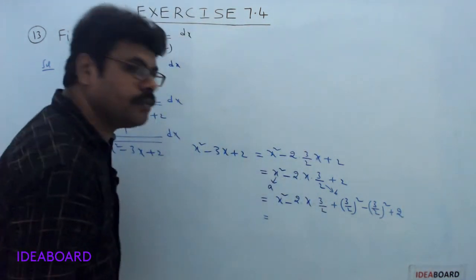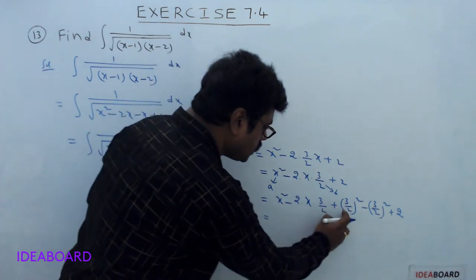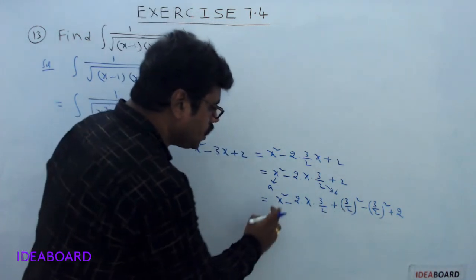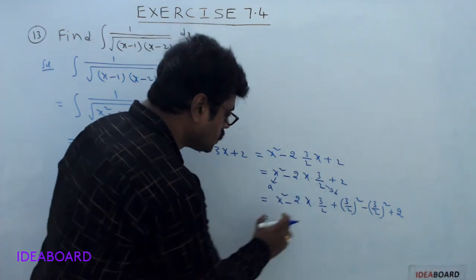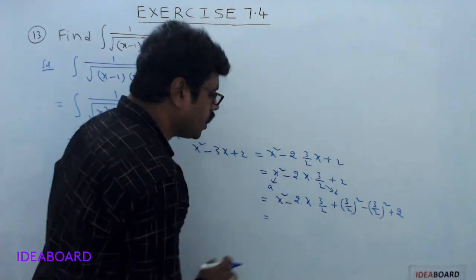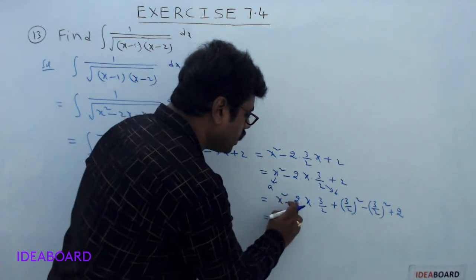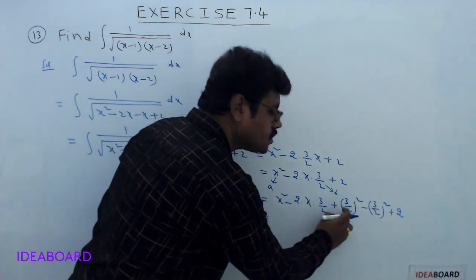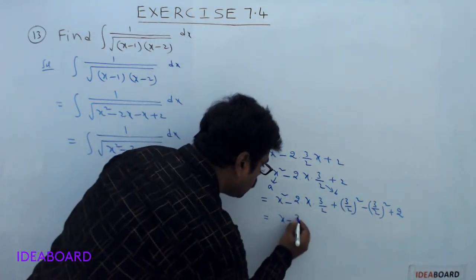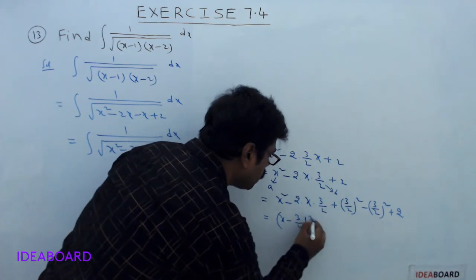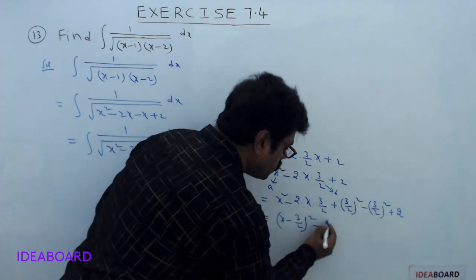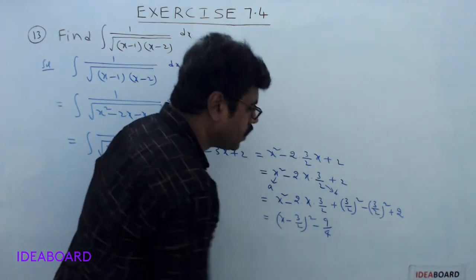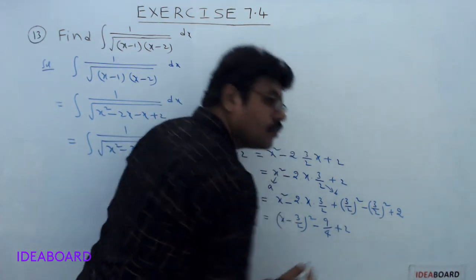Now this is equal to, the combination of these three terms is (x minus 3 by 2) whole square, because these three terms are of the form a square minus 2ab plus b square. So it is (x minus 3 by 2) whole square minus 3 by 2 whole square, 9 by 4 plus 2.